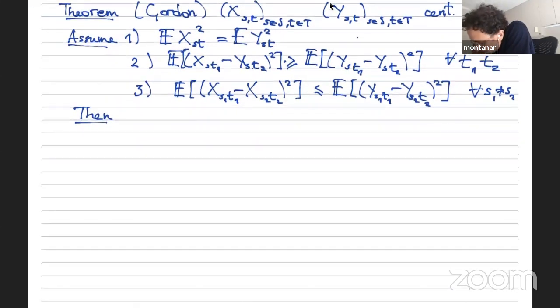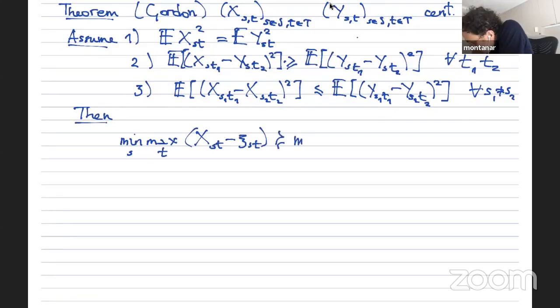I'm going to look at the mean over S, the max over T of X_ST, and then I'm going to allow some shift xi, and the claim is that this dominates stochastically the mean over S, the max over T of Y_ST.